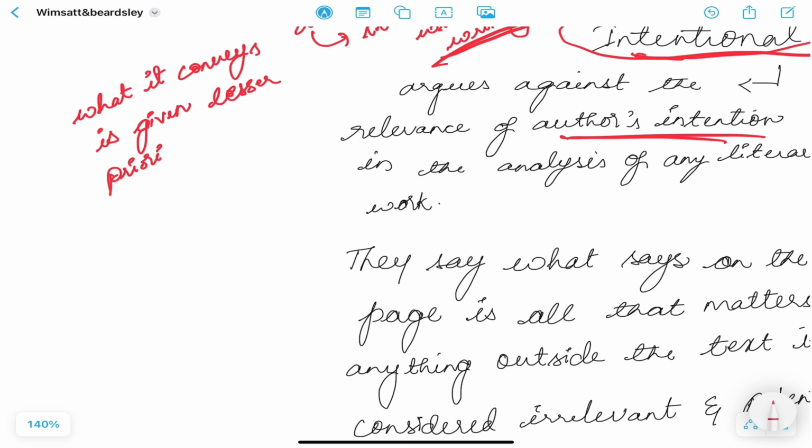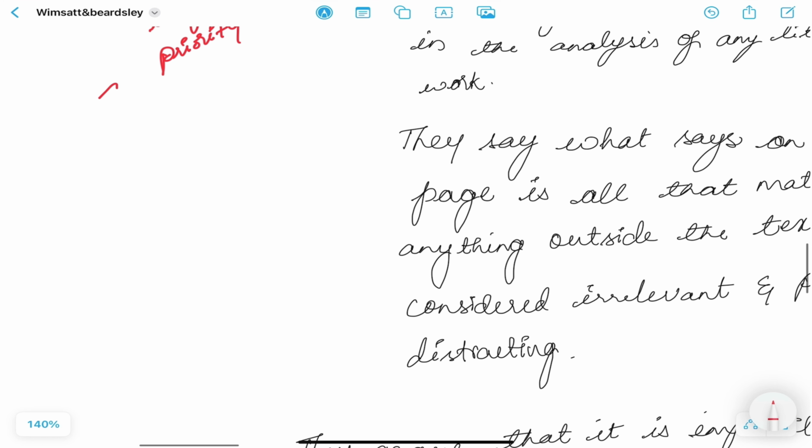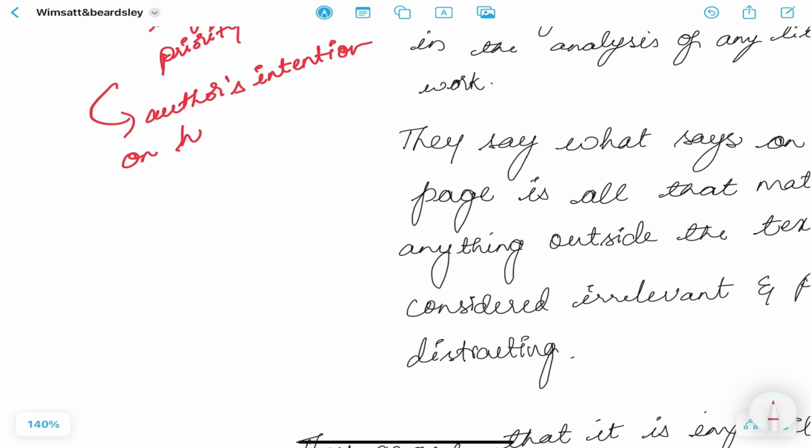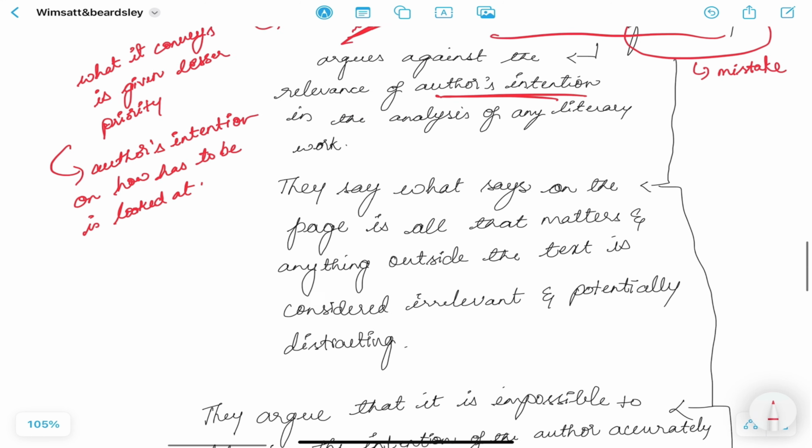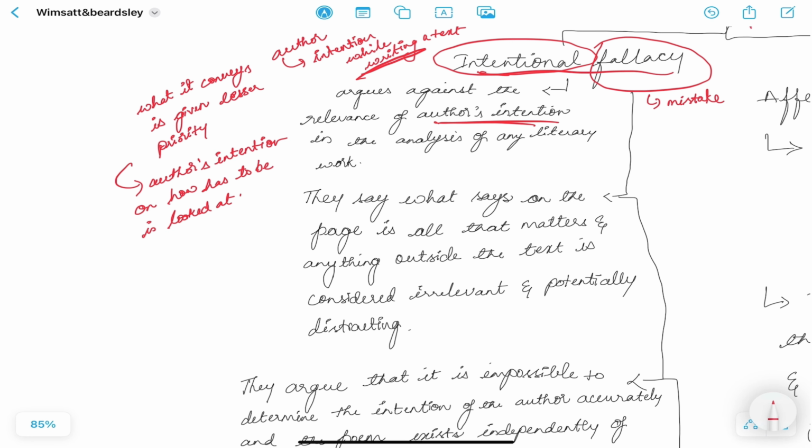And the author's intention on how the meaning has to be is given a lot of attention from centuries. So that is what intentional fallacy argues against.